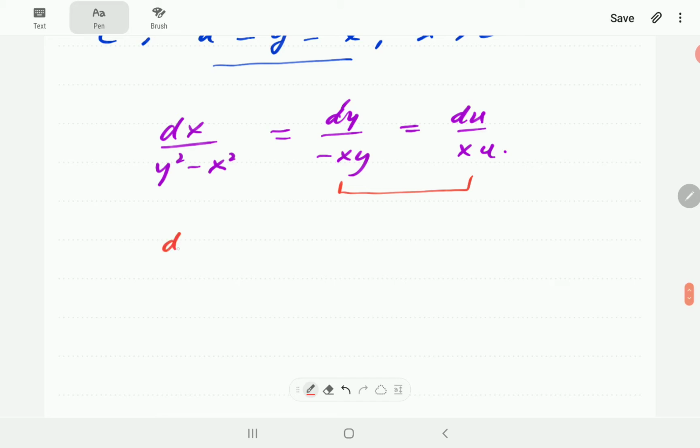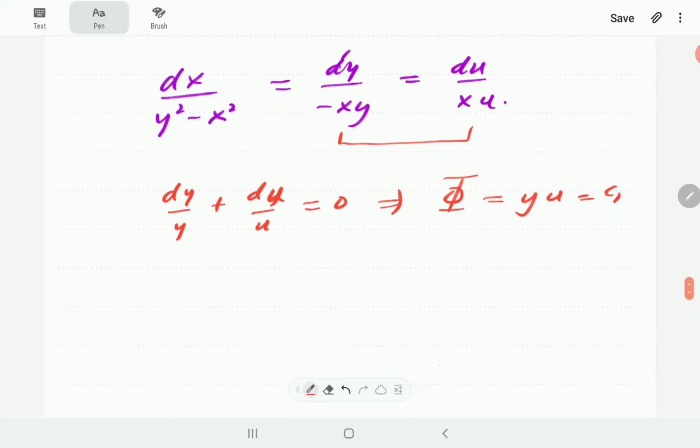So we're going to have dy over y plus du over u equal to 0. So if we integrate this, we're going to find that phi is yu, which is going to be equal to C1.